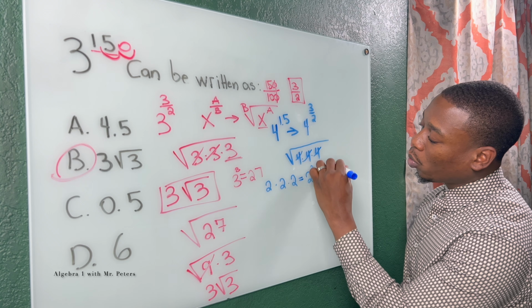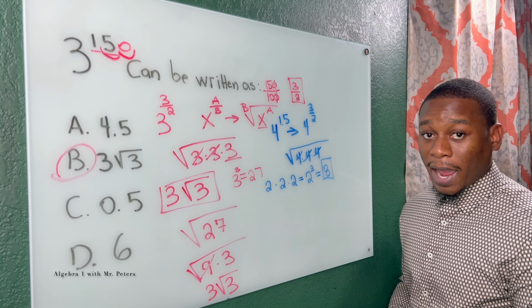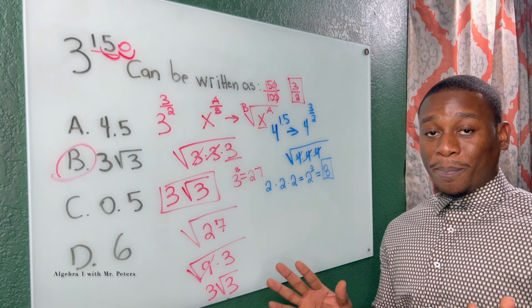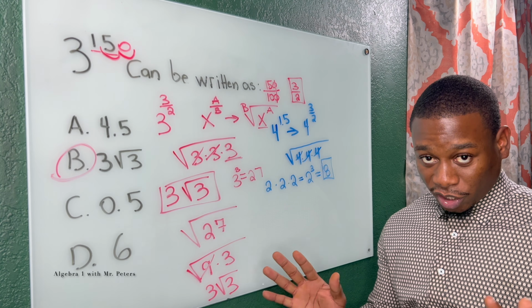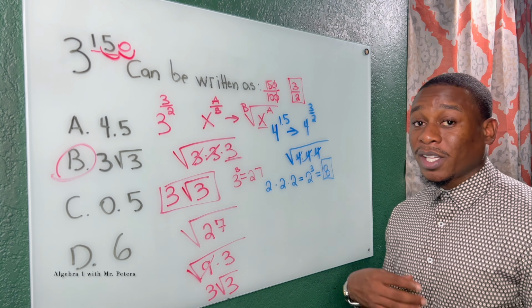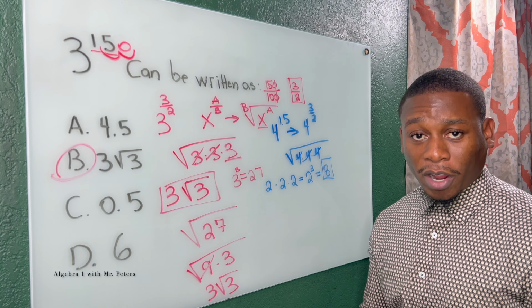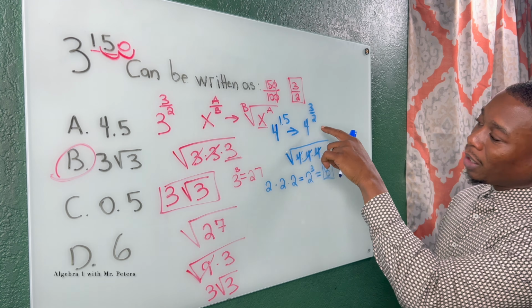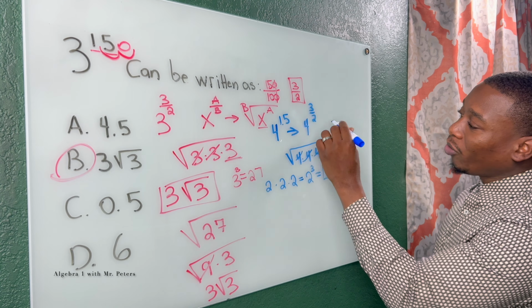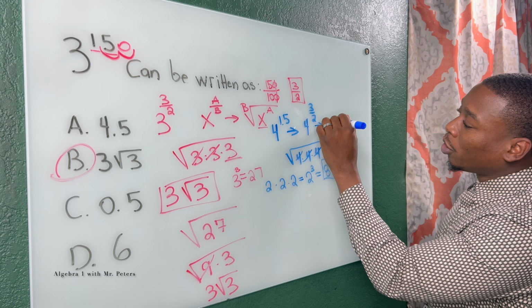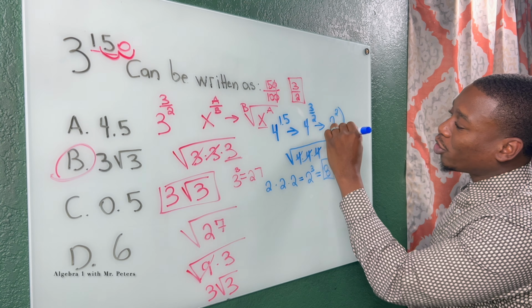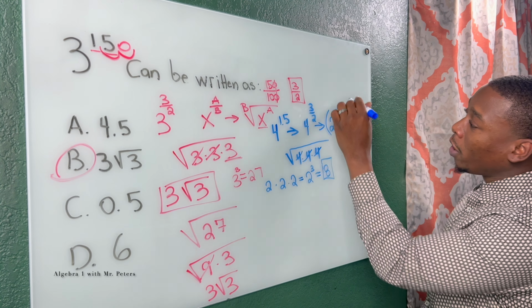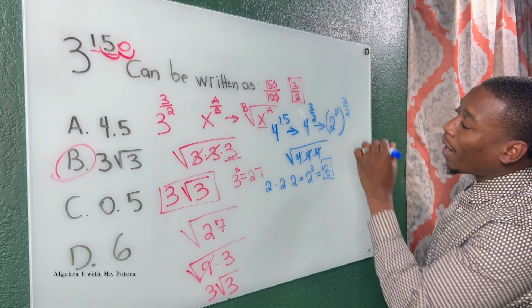Now, let's say we kept this in just straight fraction form. Sometimes they call it exponential form. I like to say fraction form because this keeps it simple. So when we're back here, let's rewrite this. We could rewrite this as what? 2 squared, because 2 squared is the same thing as 4. And then we take this to the 3 over 2 power.